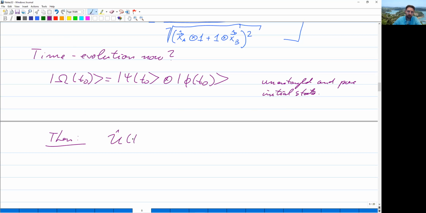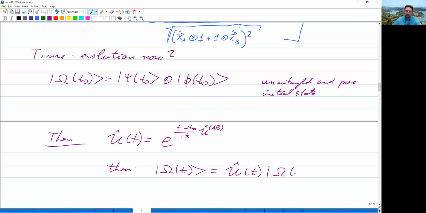Then the time evolution operator is again obtained simply by exponentiating the Hamiltonian, t minus t naught divided by i h bar, and now you have H hat AB. And then we obtain our state of the big system, omega of t, is U hat of t acting on the initial state, omega of t naught.